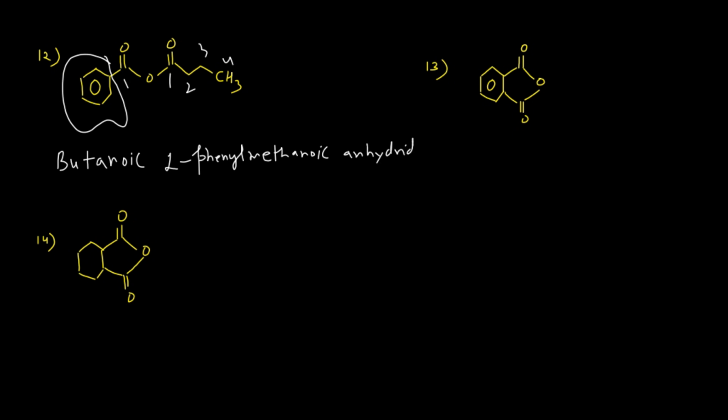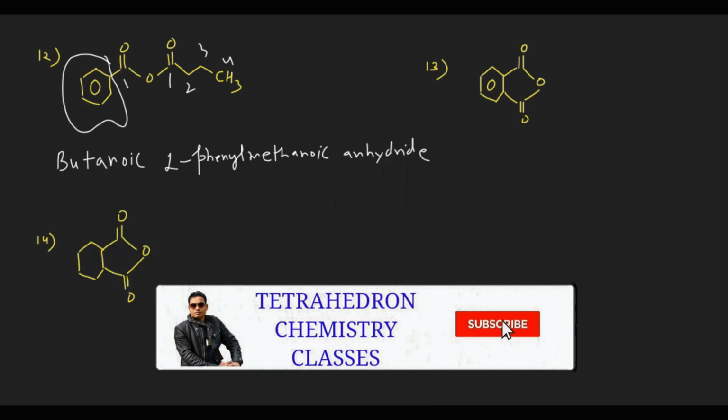So this is the correct IUPAC name of this particular compound. So this is how you can write the name. You will not use benzoic anhydride here. So this is basically the derivative of this one. This is quite simple now.